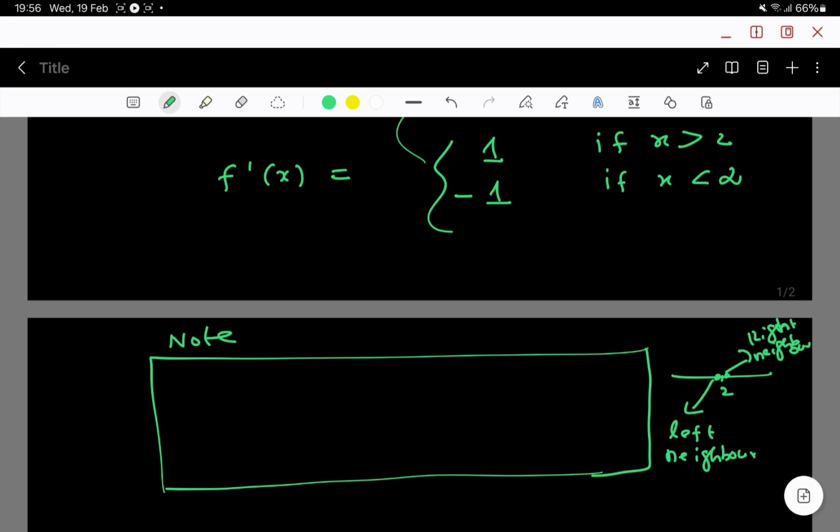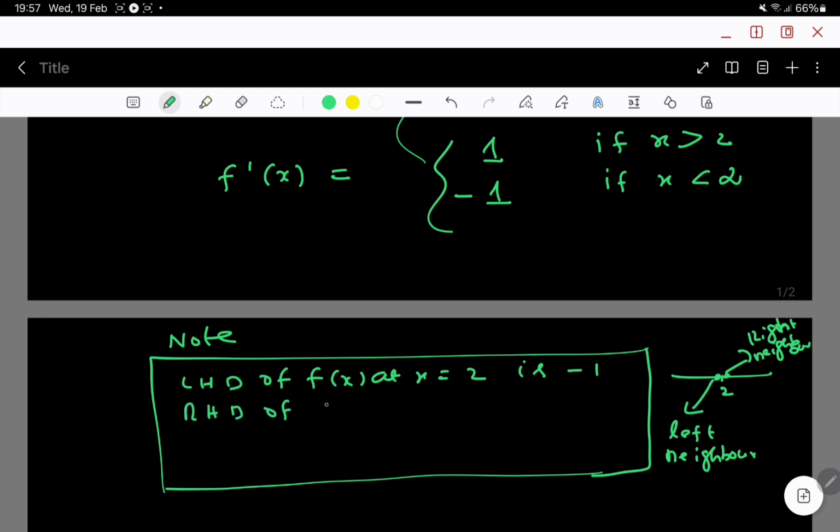That means if x approaches 2 from the left side, f dash of x is equal to minus 1. If x approaches 2 from the right side, f dash of x is equal to plus 1. Okay, so on the left side and right side, the derivative is not same at x is equal to 2, therefore at x is equal to 2, the derivative does not exist. Okay, that is the meaning. So note, left hand derivative of f of x at x is equal to 2 is minus 1.